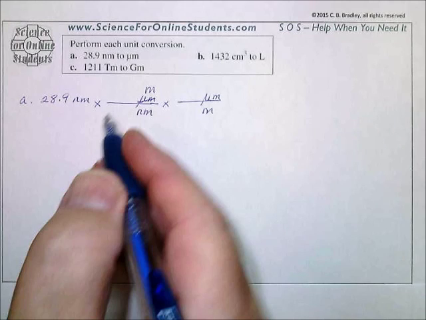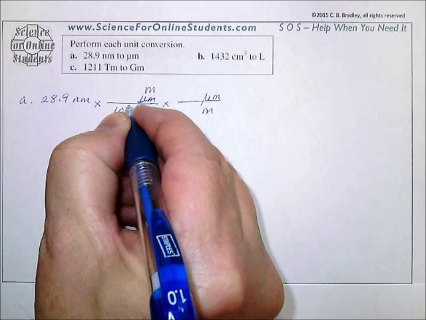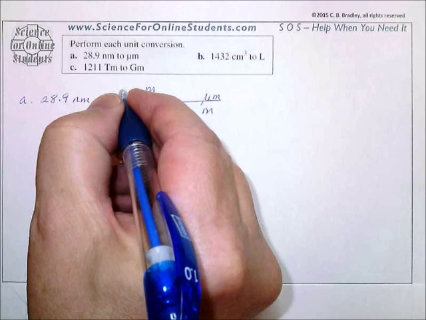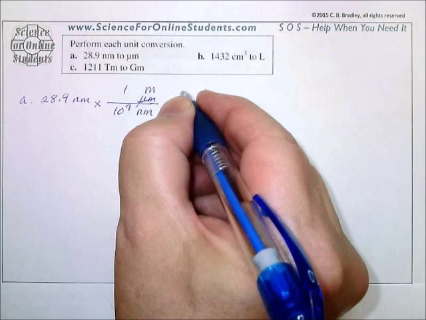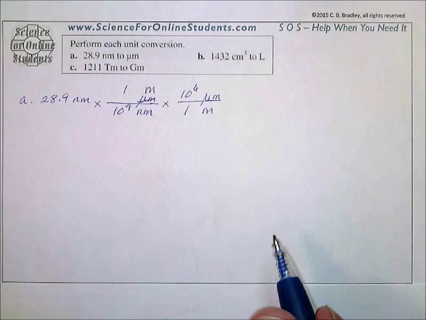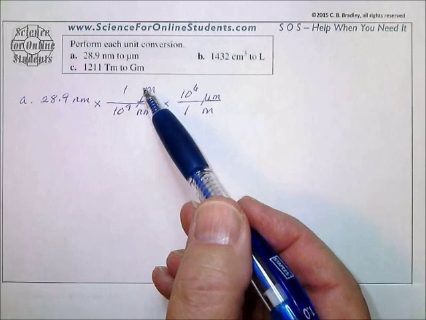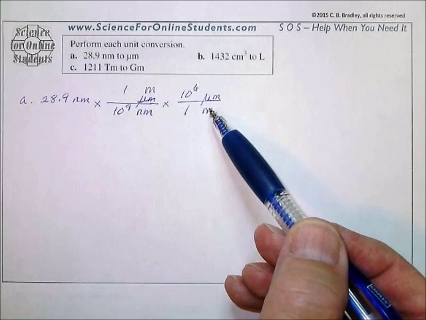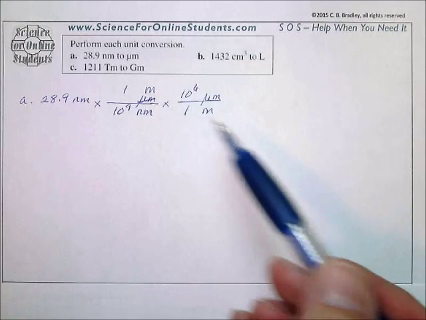So let's do it in 2. 1 times 10 to the minus 9th meters is 1 nanometer, and 1 meter is 1 times 10 to the 6th micrometers. Or we could say 10 to the minus 6th meters is 1 micrometer. Same difference.